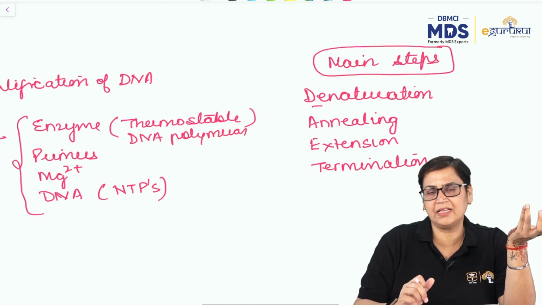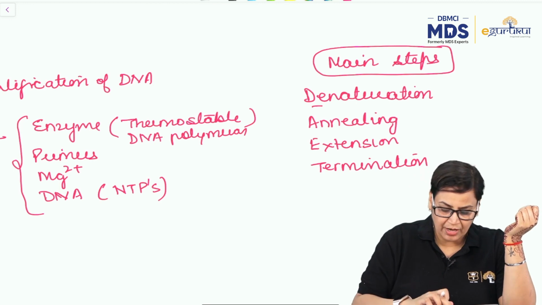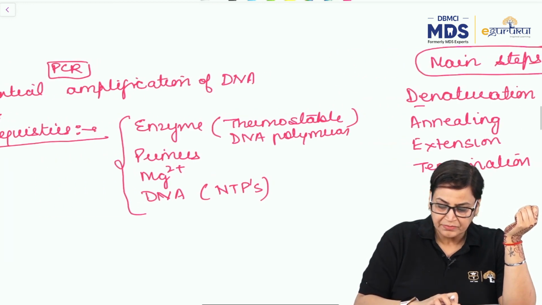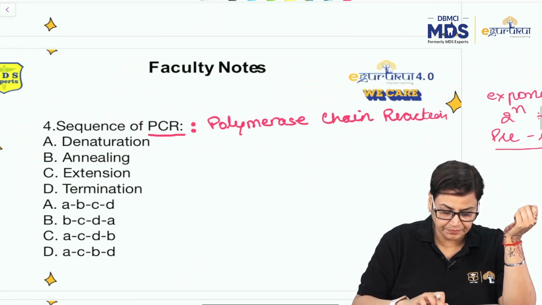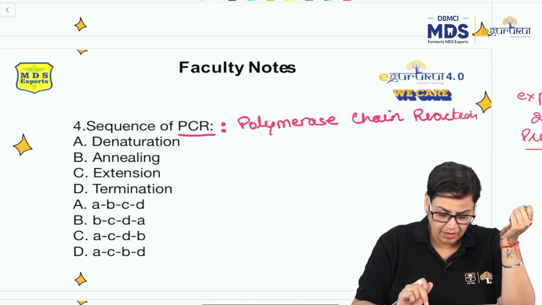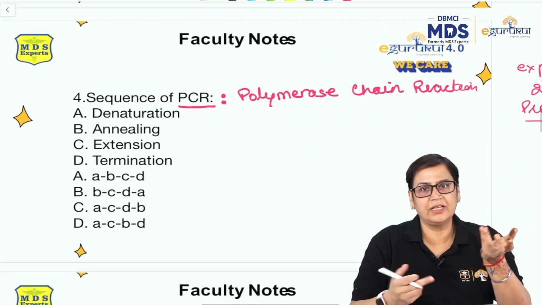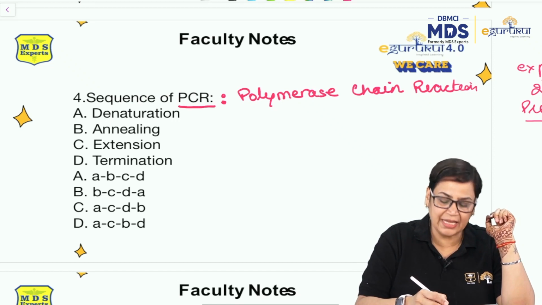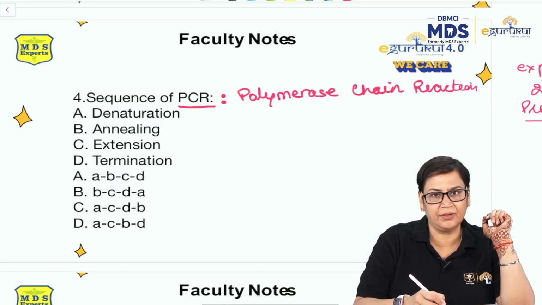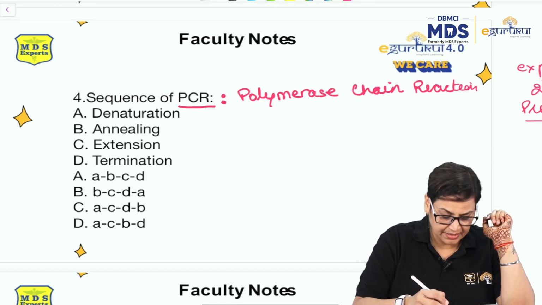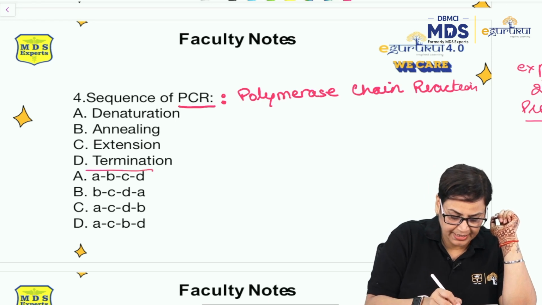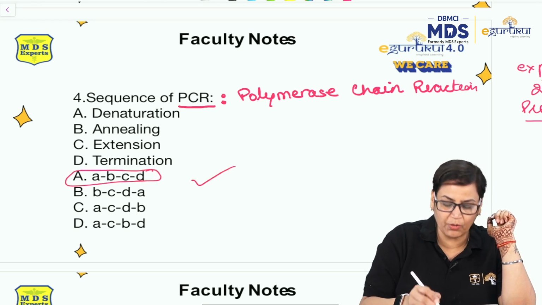Now the PCR cycle needs to be stopped. Now coming over to the answer, these are the main steps. So we will see the order is the same: denaturation, annealing, extension, and then termination. We'll look at the options. The answer will be A. You got my point.